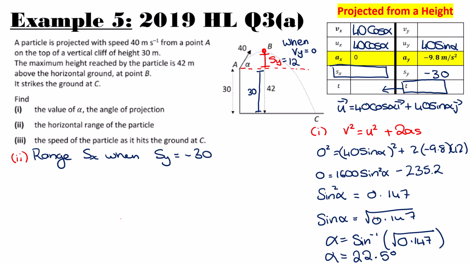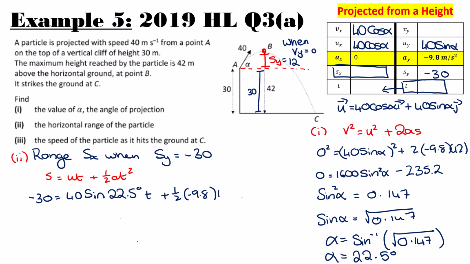So we're going to use S equals ut plus a half at squared. We get S, which is minus 30, is equal to 40 sine, let's throw in our alpha, 22.5 degrees, t, plus a half times minus 9.8 t squared.